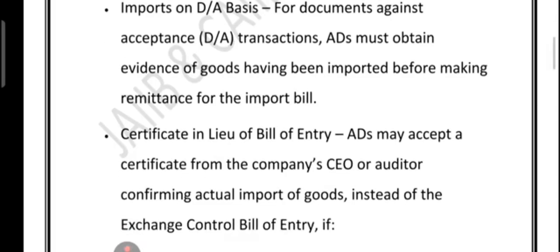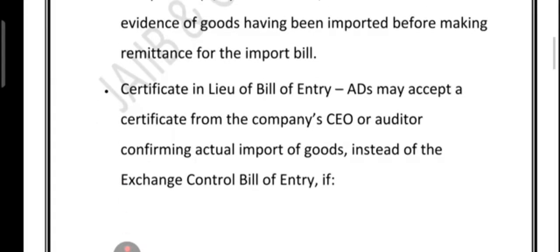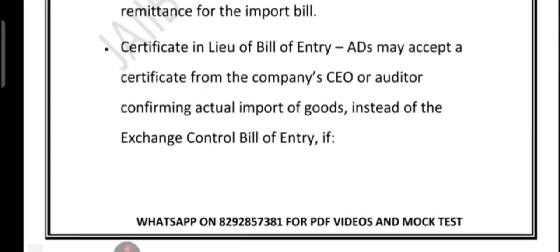The bank will make payment only if they get evidence that the goods have been imported. Now there is also a simpler option for certain trusted organizations. Instead of submitting the exchange control copy of the bill of entry, they can give a certificate from their CEO or auditor confirming that the goods have arrived.